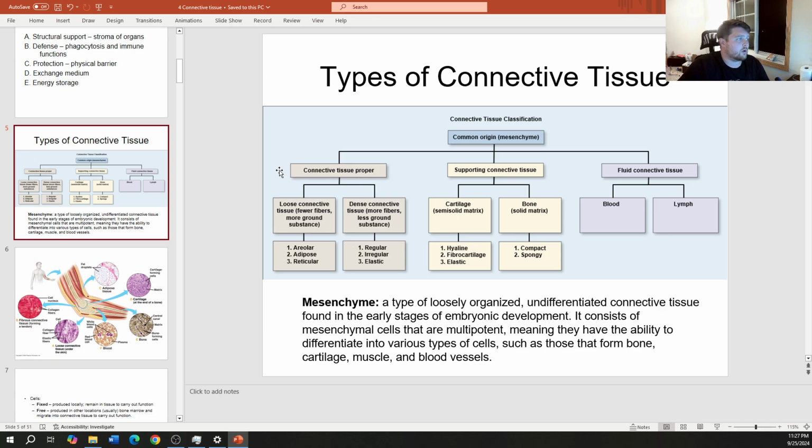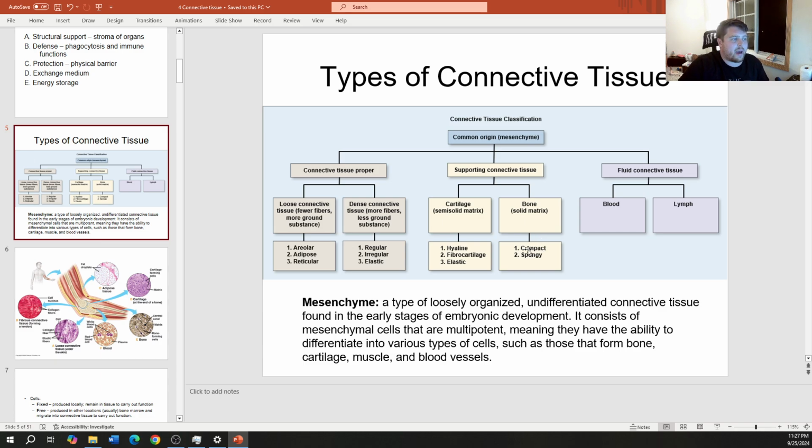So we want to know, what are the connective tissue proper? Loose connective tissue, dense connective tissue. There's those two. And then in the loose connective tissue, we have areolar, adipose, and reticular. In the dense, we have regular, irregular, and elastic. The supporting, we have cartilage and bone. We have hyaline, fibrocartilage, and elastic cartilage.